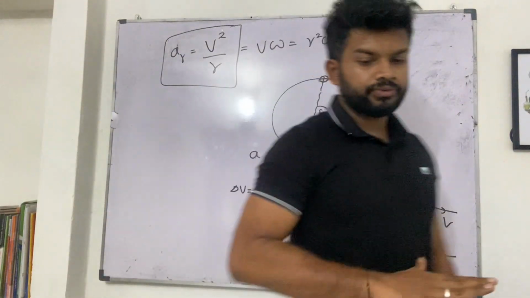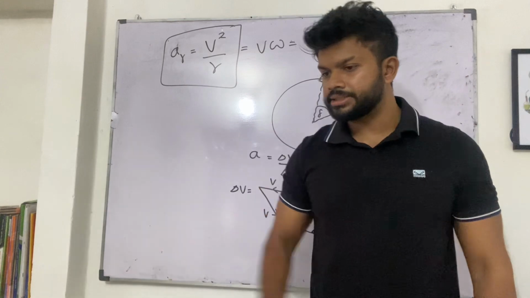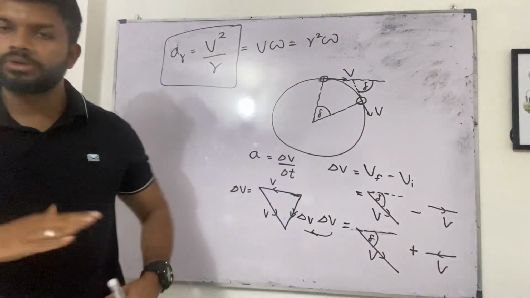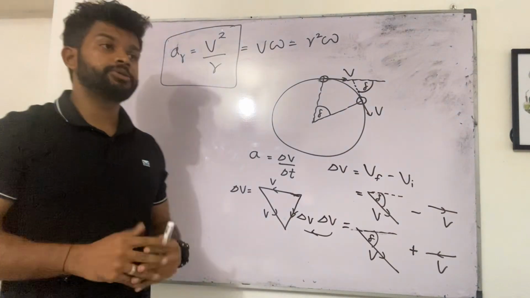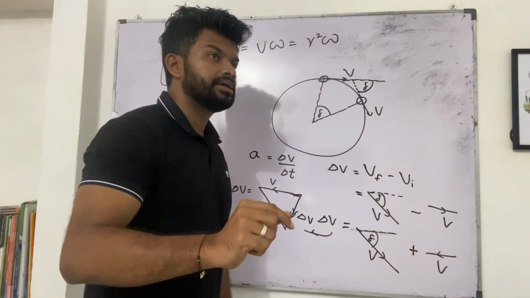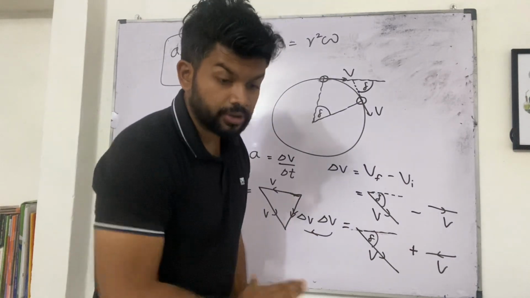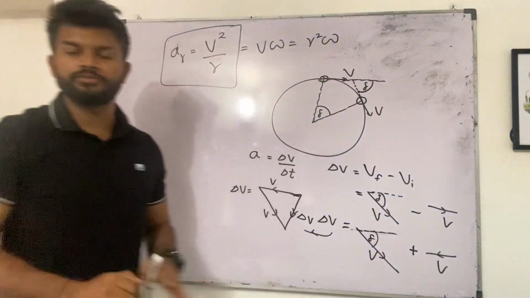Which sort of surface is it? Is it a curved surface or a horizontal surface? So I'm pretty sure your answer would be that it is a horizontal surface. It's not a curved surface.